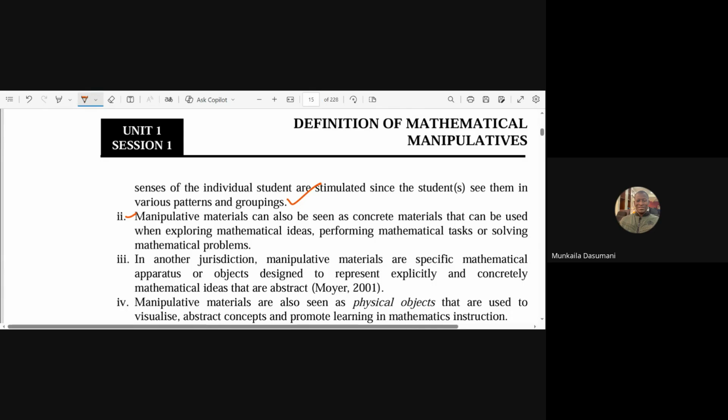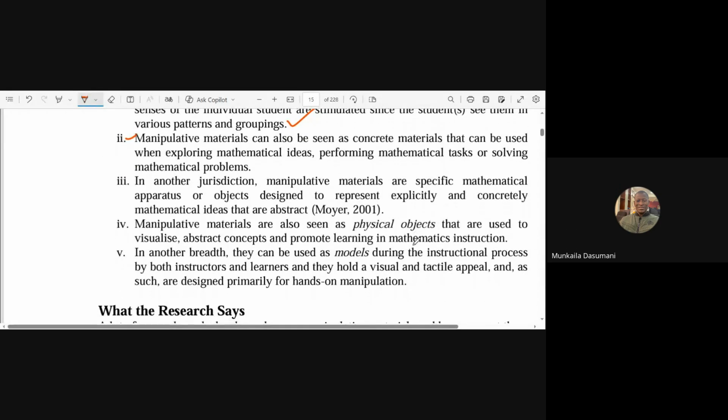So the apparatus is designed to represent explicitly and concretely mathematical ideas that are abstract. So if the idea is abstract, before the student can abstract that thing, they have to feel it concretely. They have to know what it is. So you design it to represent that symbolically, and by touching it, the student will understand before they can grasp the abstract nature of that mathematical concept.